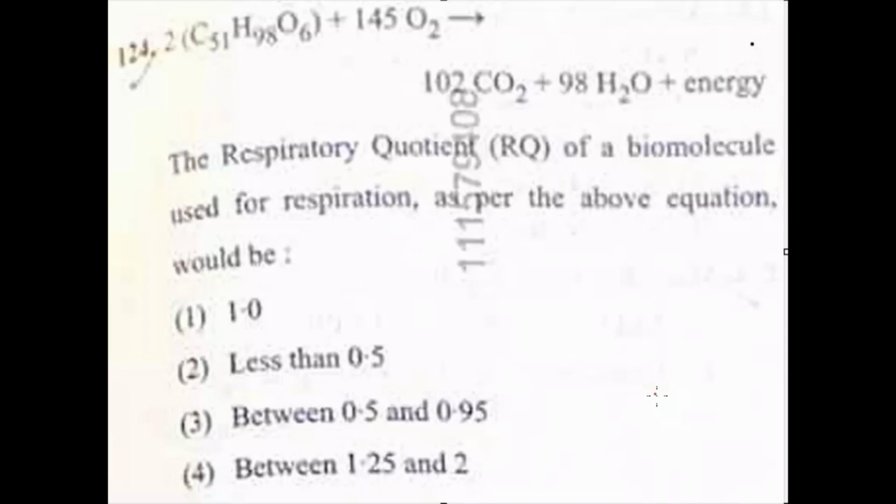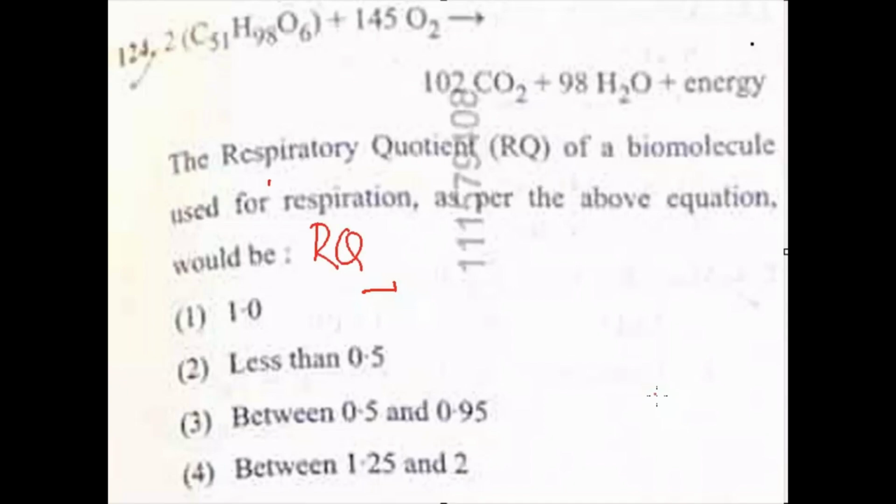Question number 124. There is one reaction shown here with a note. The respiratory quotient of a biomolecule used for respiration as per the above equation would be which of the following? Option 1, option 2, option 3, option 4. To calculate this, first we have to write what is respiratory quotient.